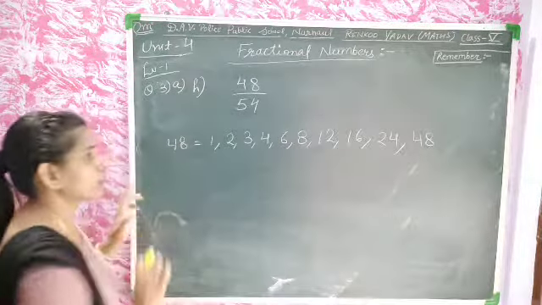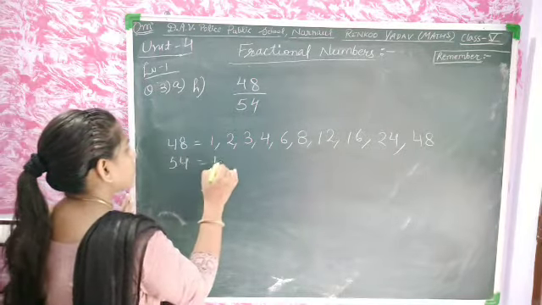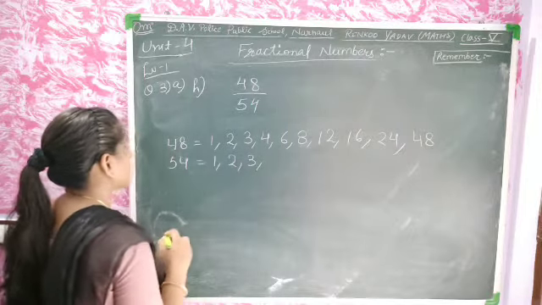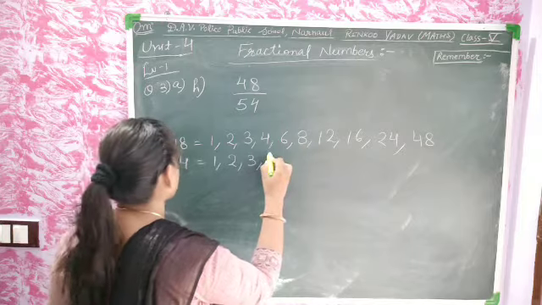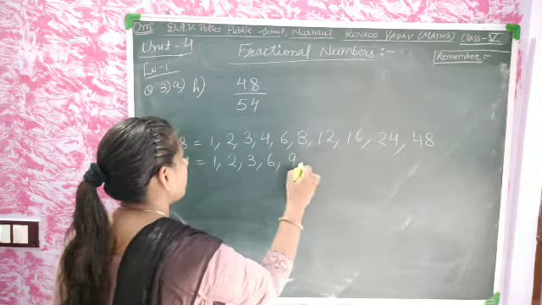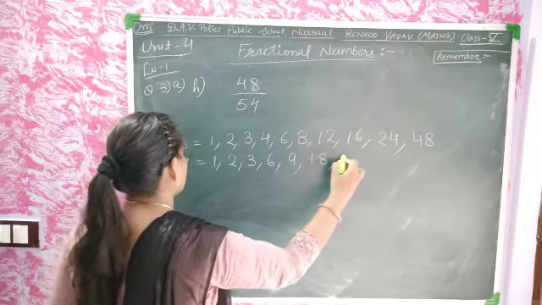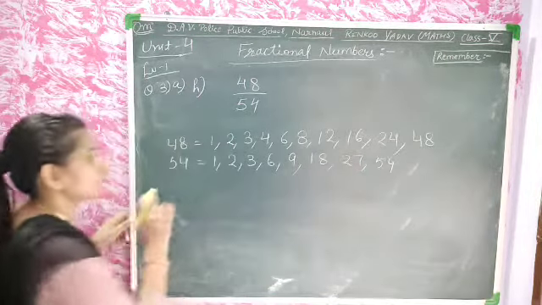These are the factors of 48. I have written them here. And for 54: 1, 2, 3, 6, 9, 18, 27 and 54. These are the factors of 54.